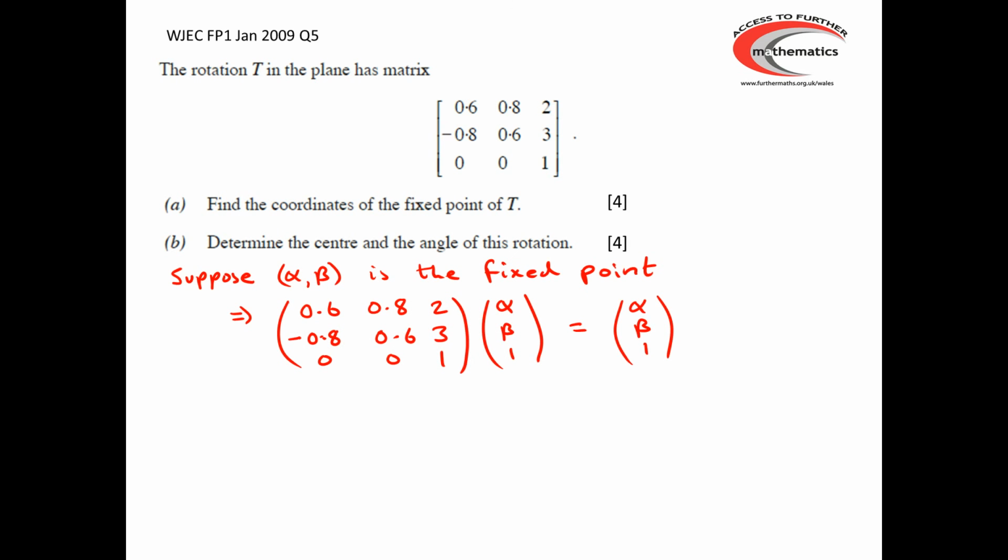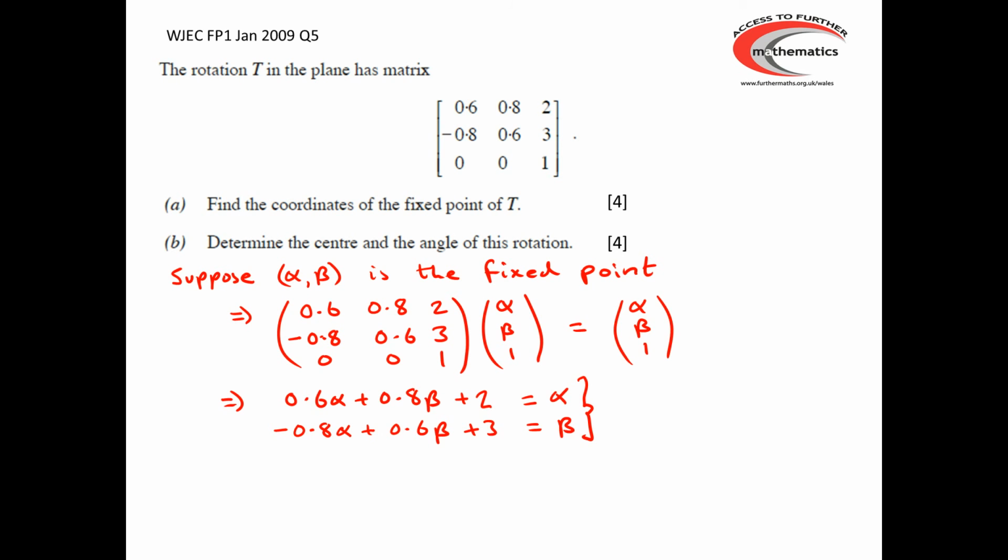So if we suppose that (alpha, beta) is the fixed point, then the matrix times the vector (alpha, beta, 1) must equal (alpha, beta, 1). So performing the matrix multiplication, we've got 0.6 alpha plus 0.8 beta plus 2 must equal alpha.